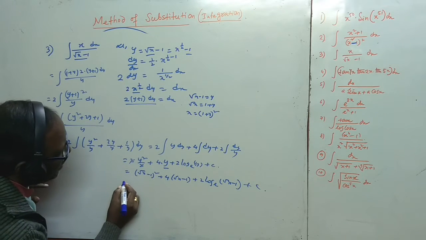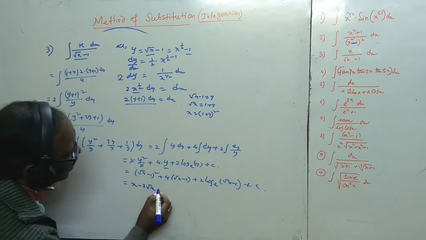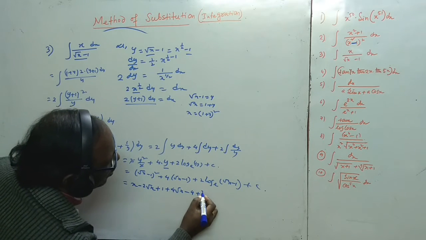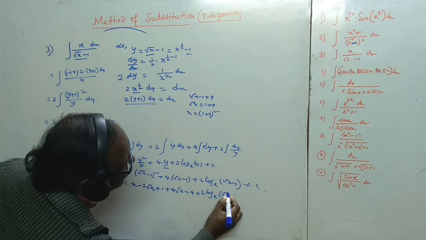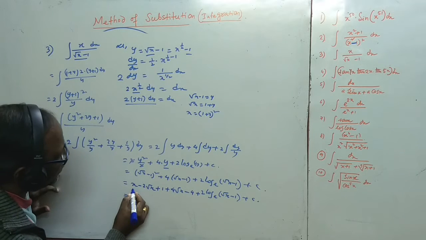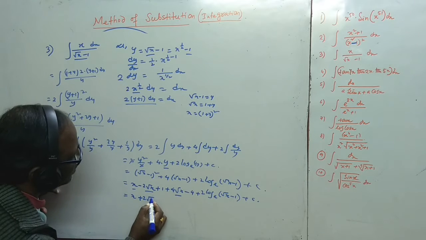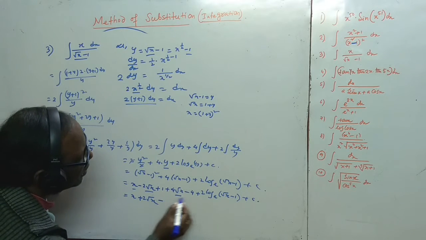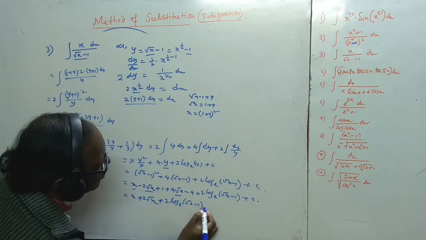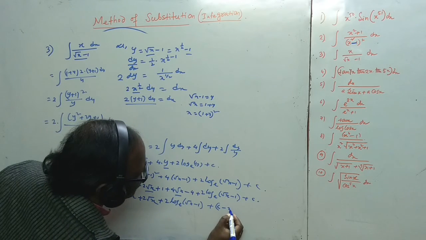If we expand this whole square pattern, x plus 2 root x... and this is minus 3.